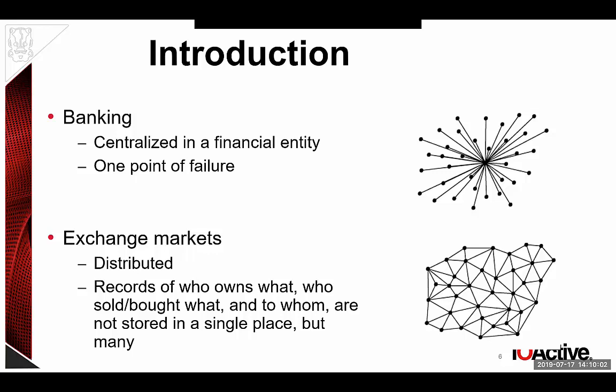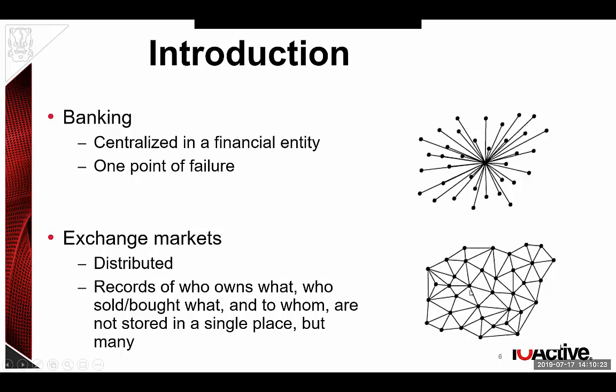Let's see, for instance, in banking applications, you have a centralized entity, right? A single point of failure: the bank's servers, the bank's networks, etc. On the other hand, in the markets, we have distributed entities.